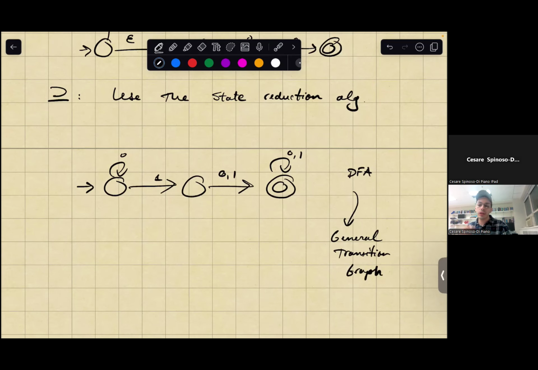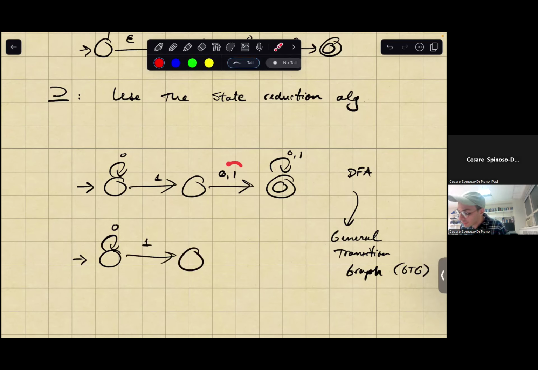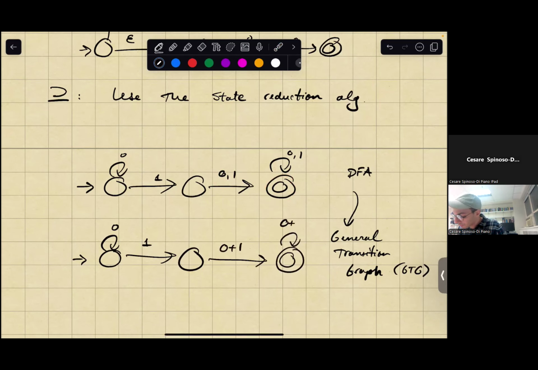The only difference between a GTG and a DFA is that its edges can be regular expressions. So the immediate conversion is, well, the 0 as a string becomes the 0 regular expression, so there's no change there. 1, no change. 0 or 1, right? The logic is I either go to this state if I have a 0 or 1, so I can encode that as 0+1 in terms of regular expressions. And similarly for this accept state here.